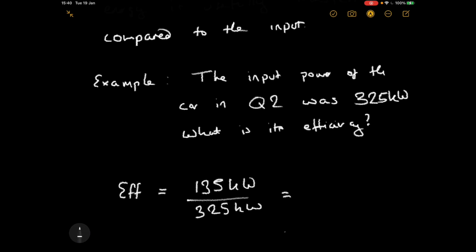So you're basically doing 135 over 325, and we get an efficiency of 0.415, which is basically equal to 42%. So it's about 42% efficient. So that is just a reminder of how we deal with efficiency.